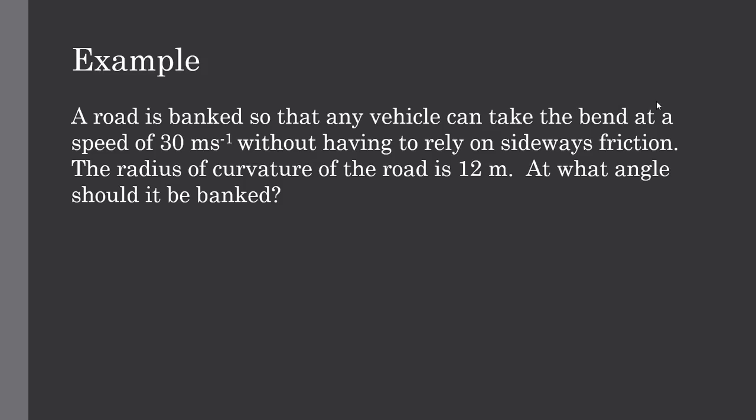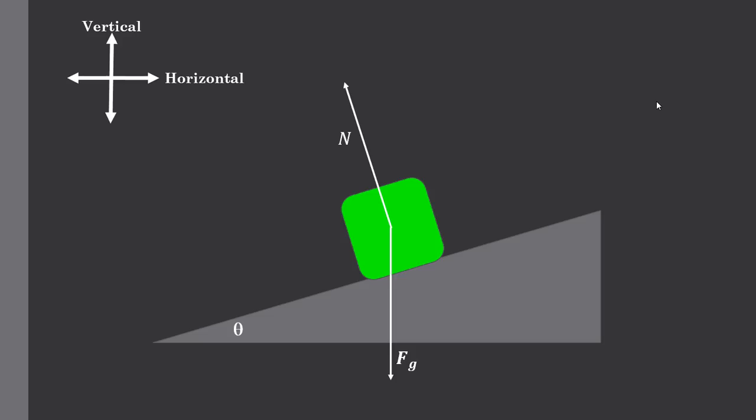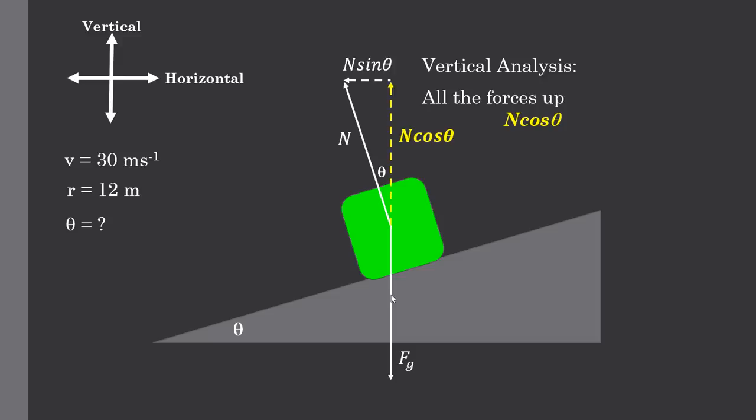If we go back, it says without having to rely on sideways friction. So we really only have our force due to gravity, or our weight force, and our normal reaction force. We have a velocity of 30 meters per second, radius of 12, and we want to know what is the angle theta. So again, our angle component we break into a horizontal n sine theta and a vertical n cos theta.